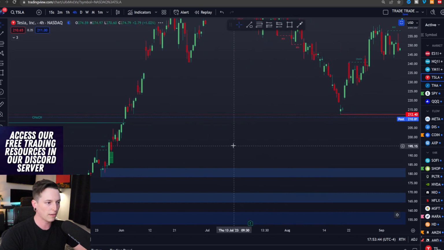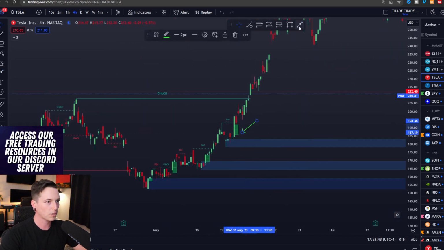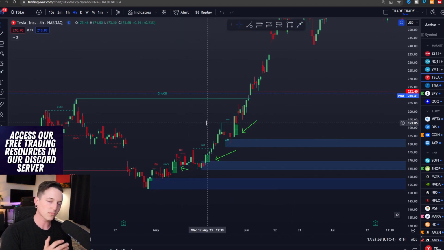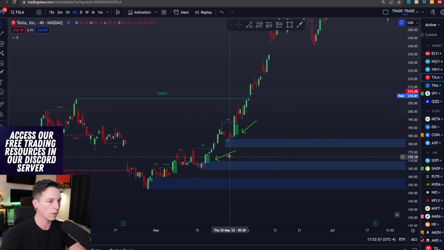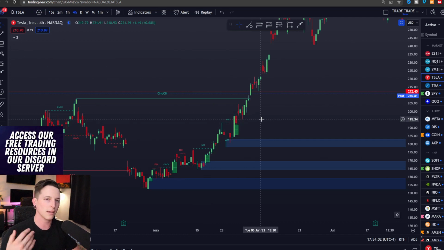Now, something else that's going on, another aspect that's bearish, is that we have 1, 2, and 3 fair value gaps. I talk a lot about these on this channel, but a fair value gap is basically a point in the market where a massive move happened, in this case up, and institutions didn't actually get the chance to fill.